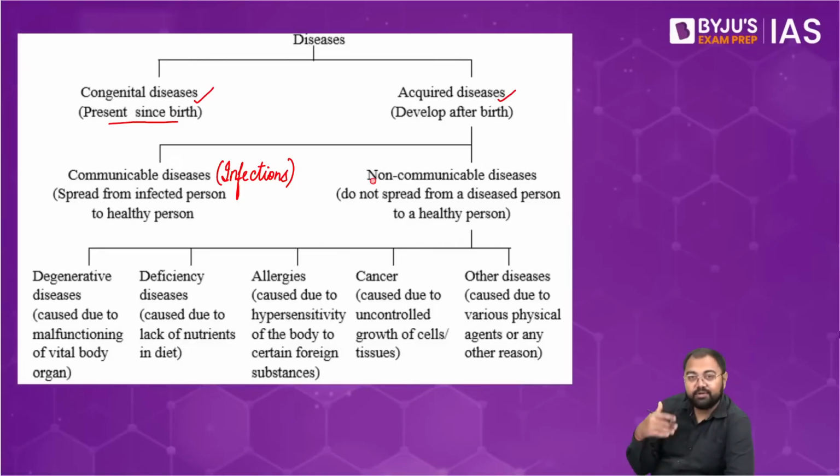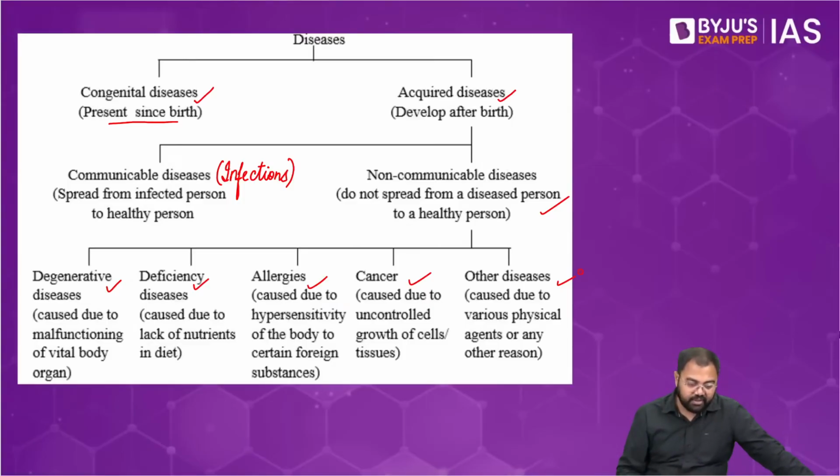It will remain localized in the person who is suffering from that disease. So they do not spread from a diseased person to a healthy person. There are a lot of different types of non-communicable diseases. This is how we classify between congenital and acquired, and the division of acquired into communicable and non-communicable.